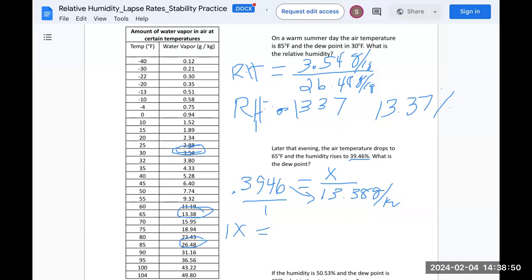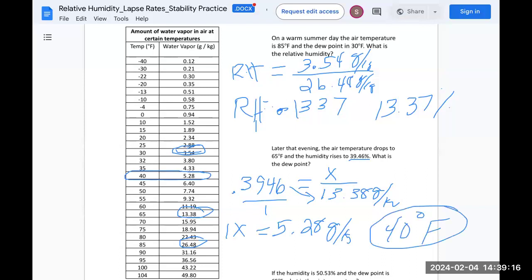I'm going to take 0.3946 times my 13.38, and I will get 5.28-ish grams per kilogram. And if I come over to my table, it looks like 5.28 is about 40 degrees Fahrenheit. So that would be my dew point.